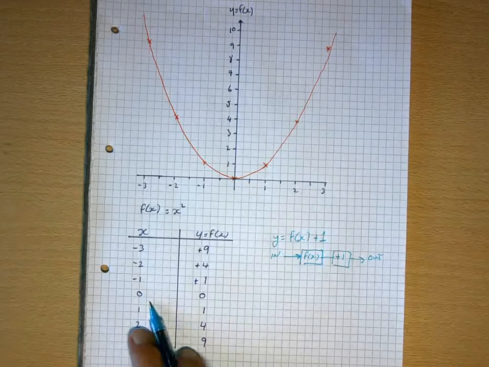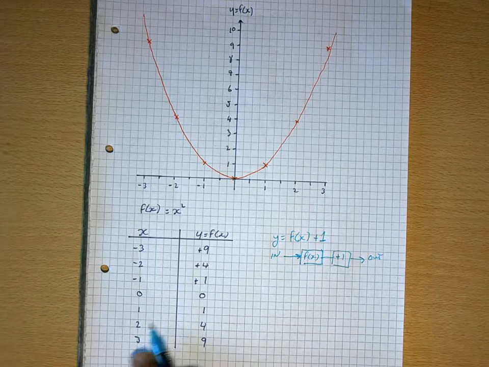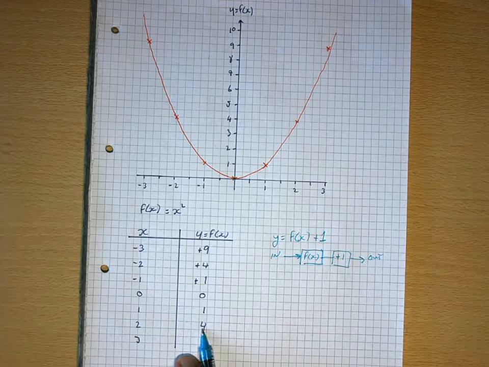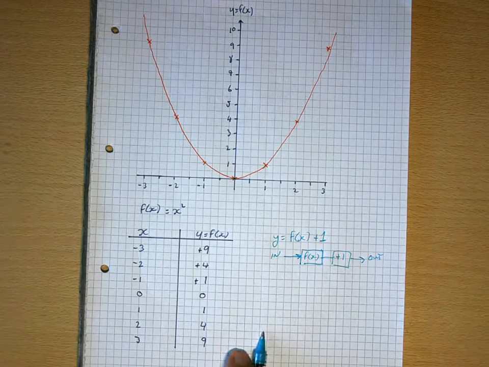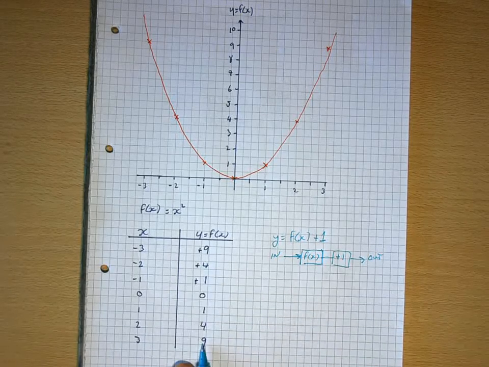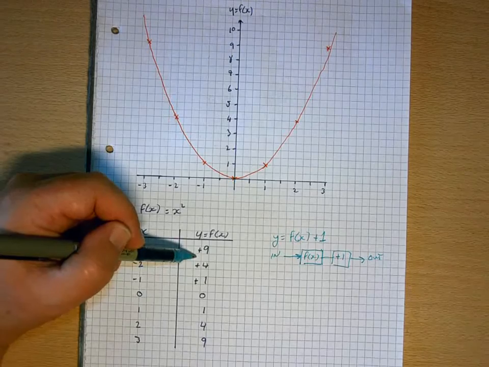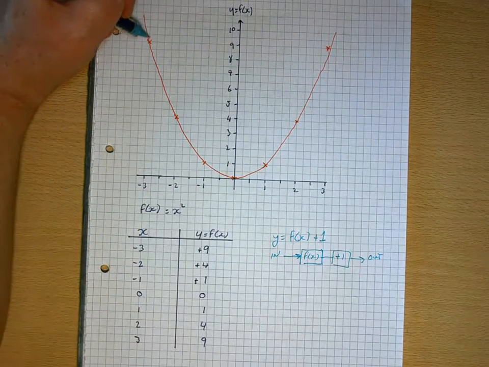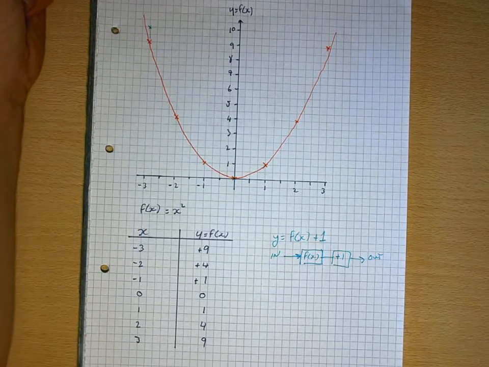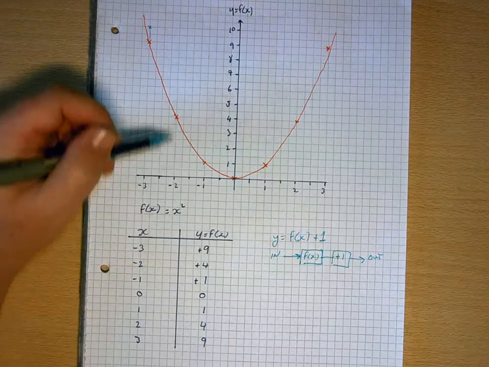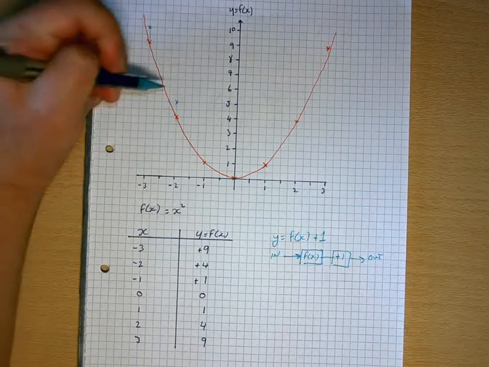So the input is 1 or 2. You're working out what the corresponding coordinate is, and then you're adding 1 to it. So what effect that would have on those is it would change that to 10. So that one would go up 1. +4 would become +5.